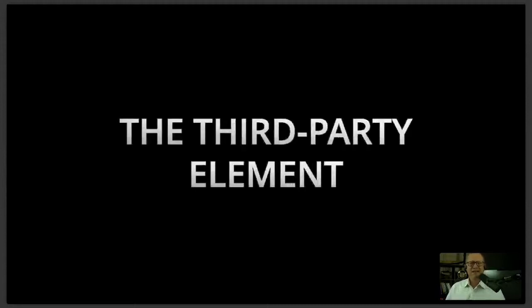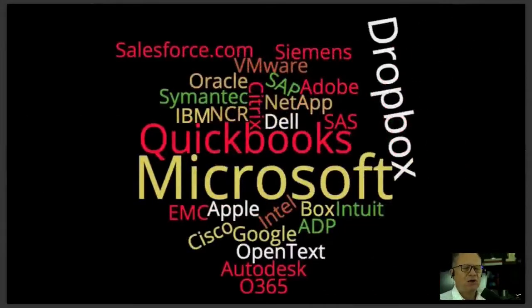Well, today we're going to start with the third-party element. What is a third-party element? This is all of that software and hardware and other things that you have right now in your offices. Have a look at this little word cloud. You might be using Dropbox or Box, almost certainly Microsoft or Apple, QuickBooks for accounting, Salesforce for tracking your sales and keeping in touch with clients.